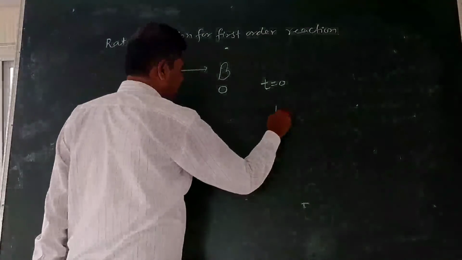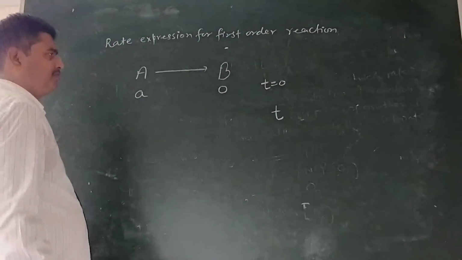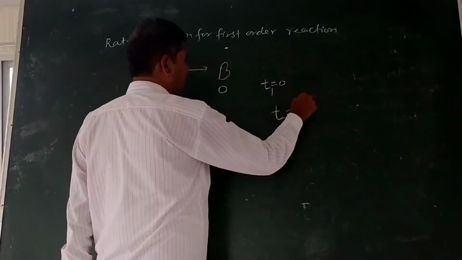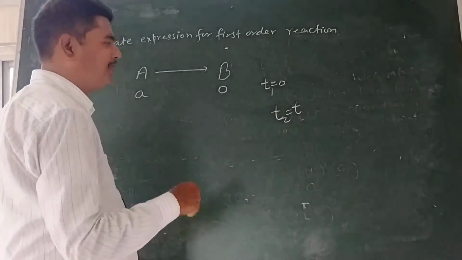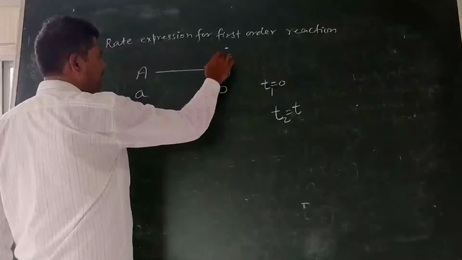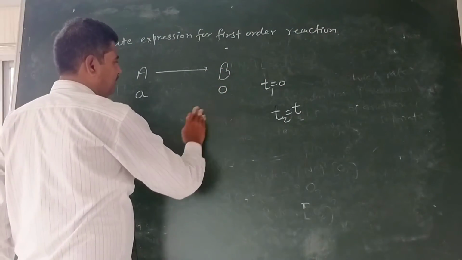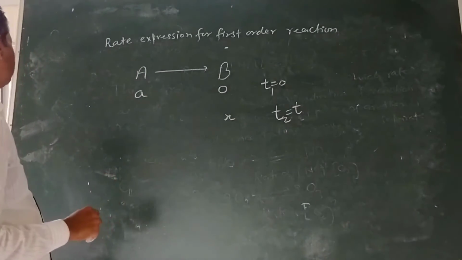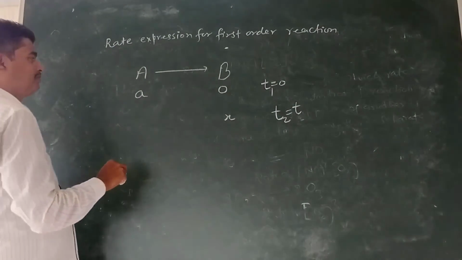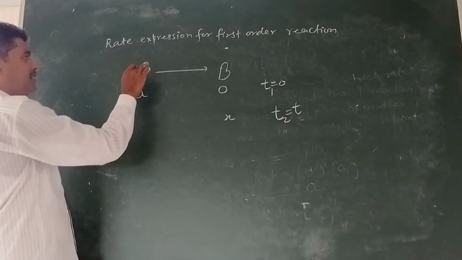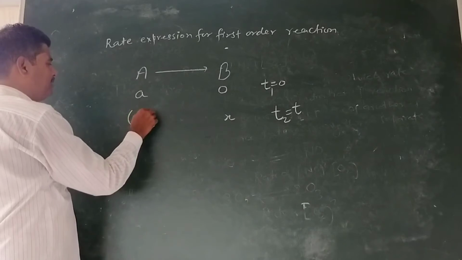At the time t, let t1 equal 0, t2 equal t. After time t, concentration of product B is obtained as x. The change in concentration, that is, remaining concentration of substrate A, would be equal to a minus x.